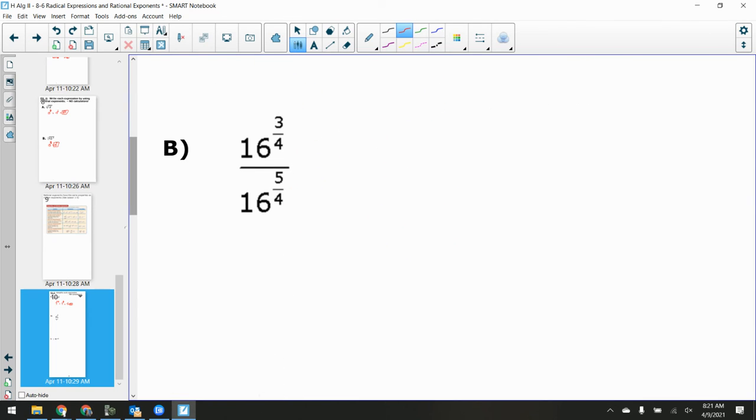Division of like bases means subtraction within the exponents: 3/4 minus 5/4. Now this one's a little tricky, because if I take 3/4 minus 5/4, I get negative 2/4, which is negative 1/2.